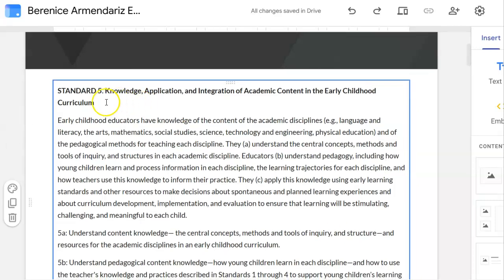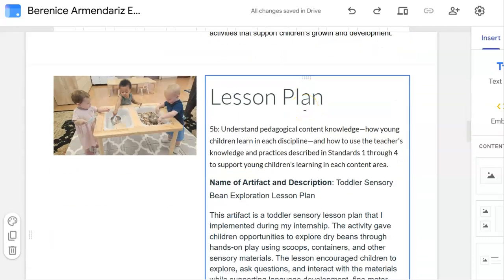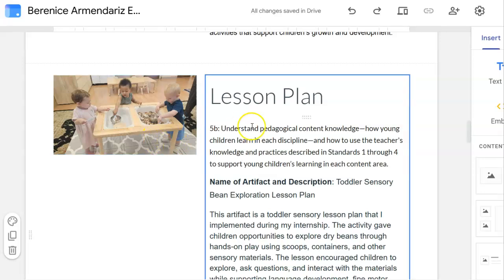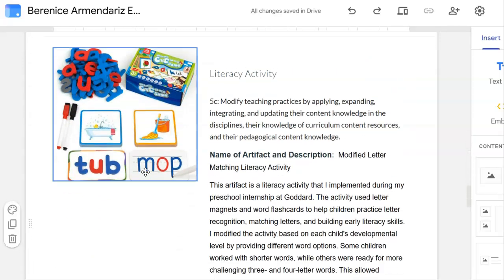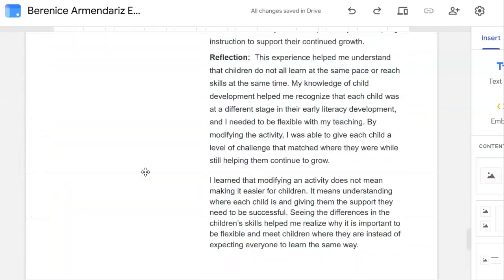Standard 5, you'd say the title. Yeah, and all of yours looks really good. The one thing that I will say is when you're talking about the lesson plan, you're showing an activity. So if it's a lesson plan, consider attaching or embedding a lesson plan.